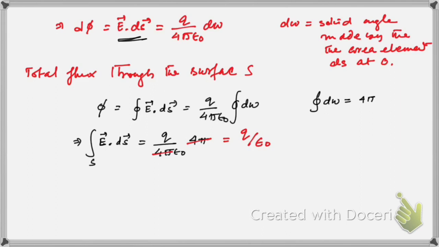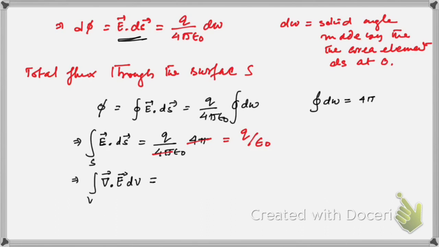So now you see, if you apply the Gauss divergence theorem, you can write this surface integral in terms of a volume integral. So integral over V of del dot E dV, you can write that way.